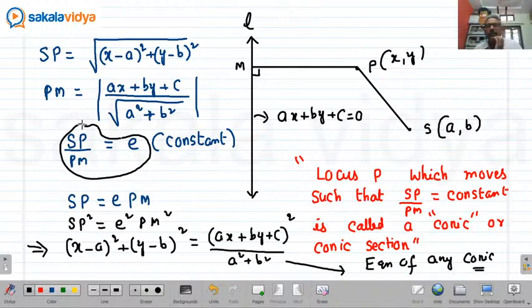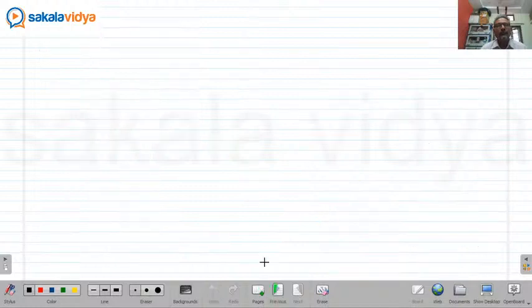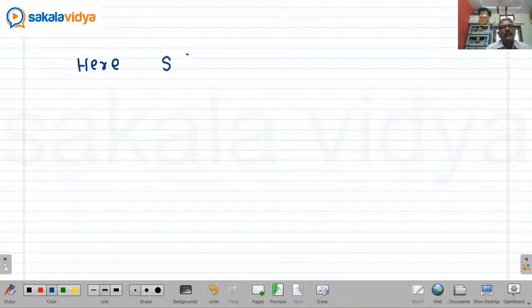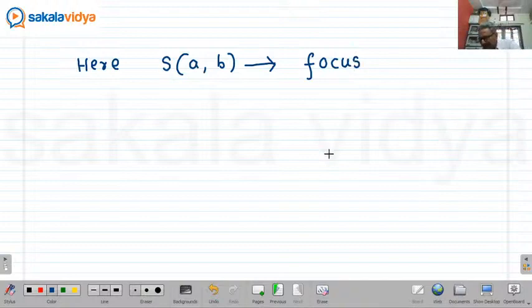Okay, now here S is the fixed point, S (A comma B), or you can say alpha comma beta also, no problem. This is called the focus. Some conics may have more than one focus, which are called foci.